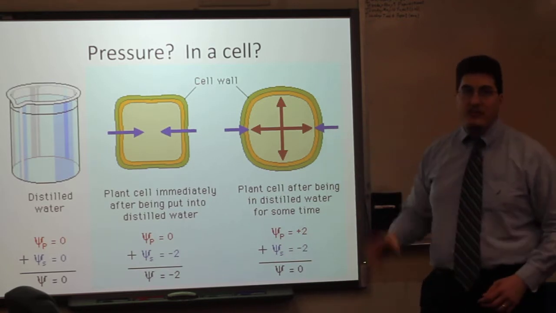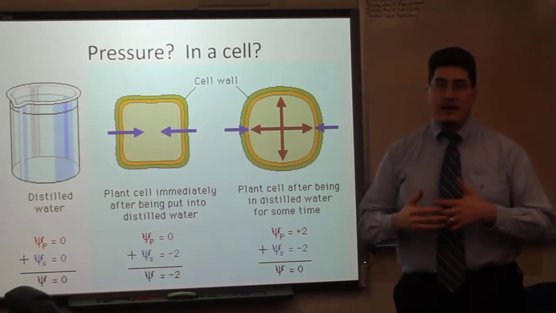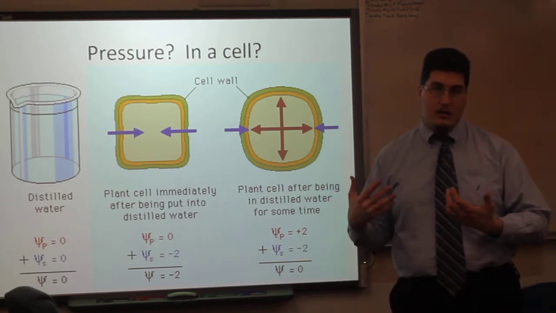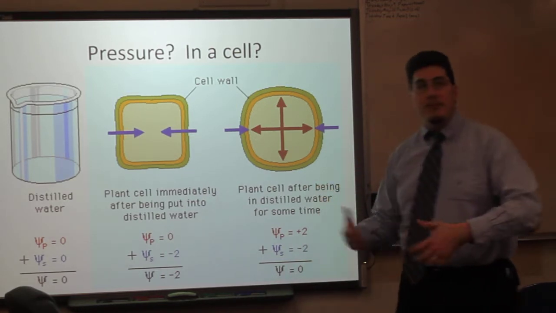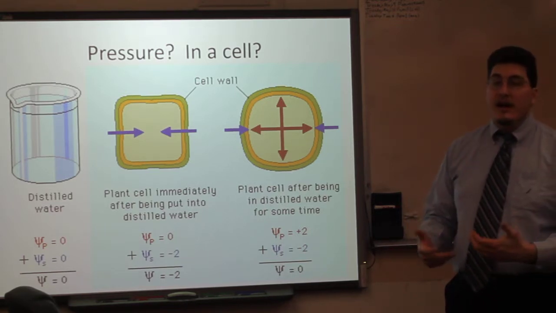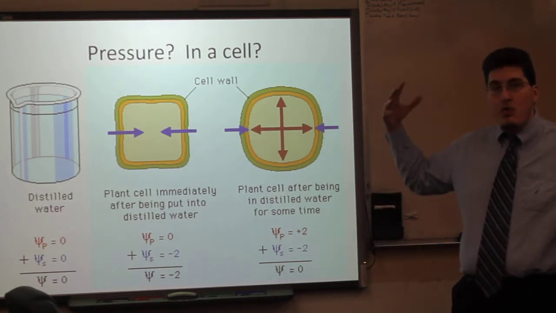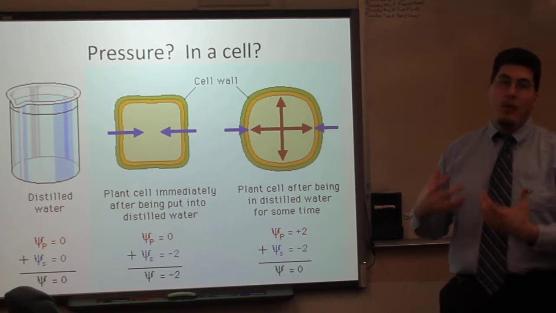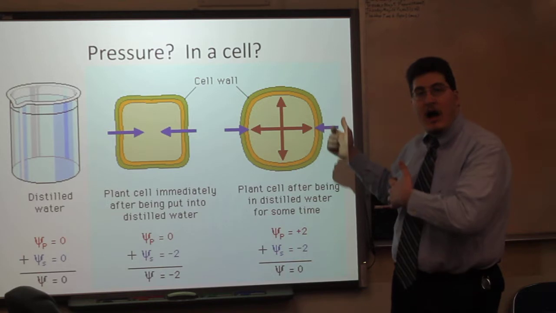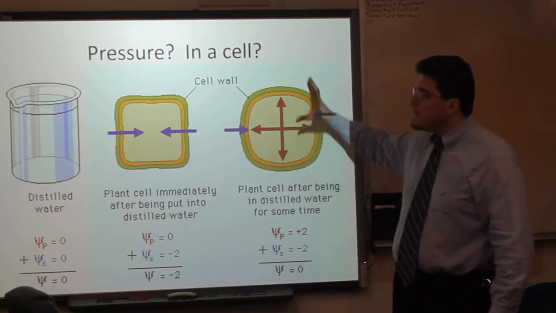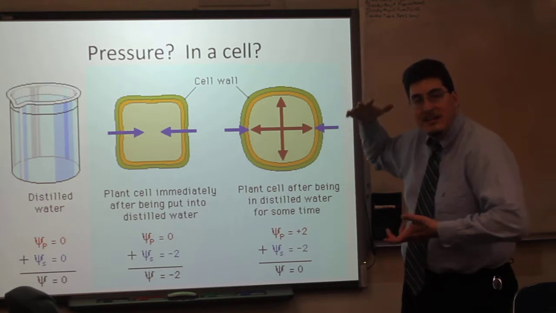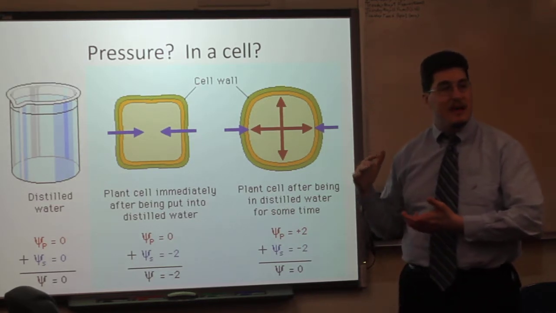So when that cell swells, the water taking up space is going to put pressure on the cell wall. The cell wall, being a stiff cellulose structure, is going to exert pressure right back on that water. So, every action has an equal and opposite reaction. Pressure being exerted on the cell wall, the wall is going to exert pressure equally and oppositely against that water.